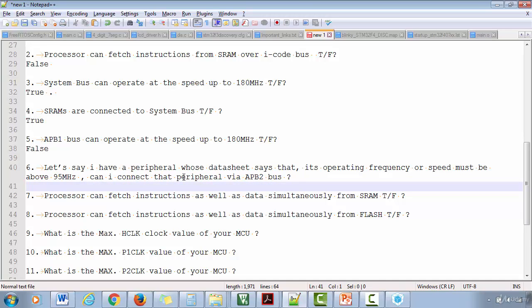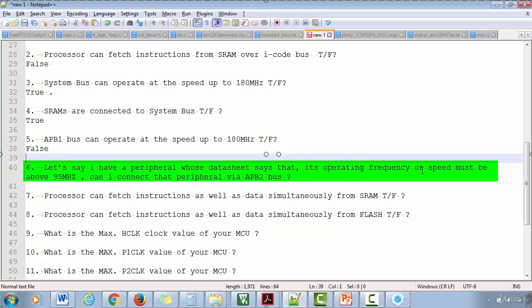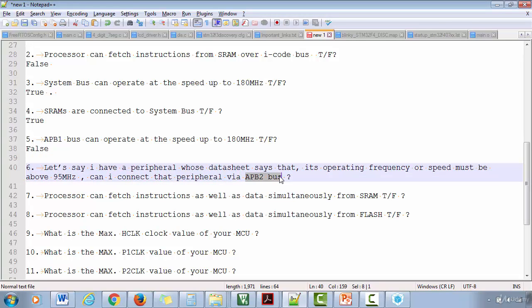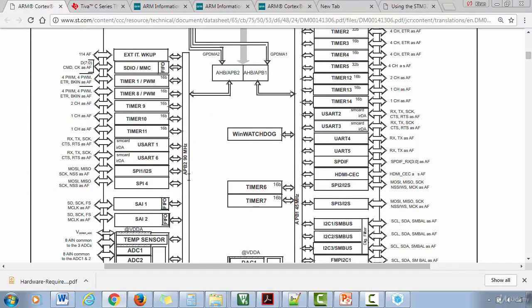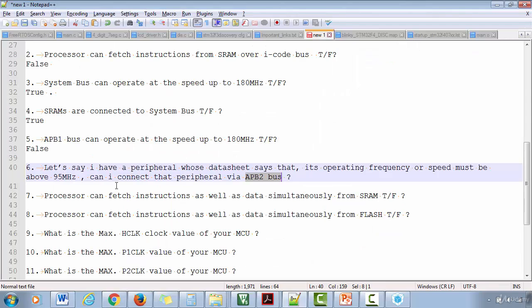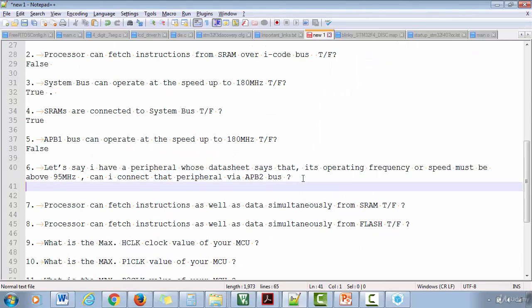Can you connect that peripheral to the processor via the APB2 bus? What is the maximum frequency of the APB2 bus? The maximum operating frequency of APB2 is 90 megahertz, right? So it's not possible. You cannot connect it.